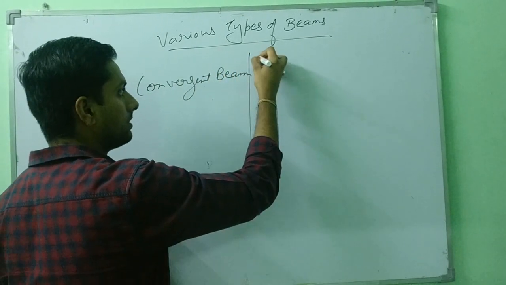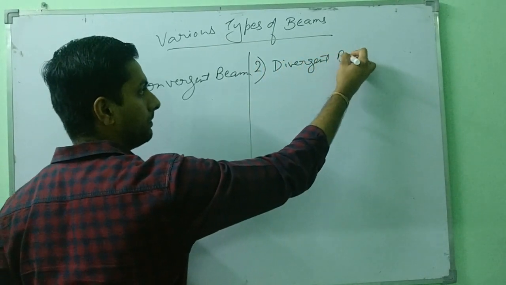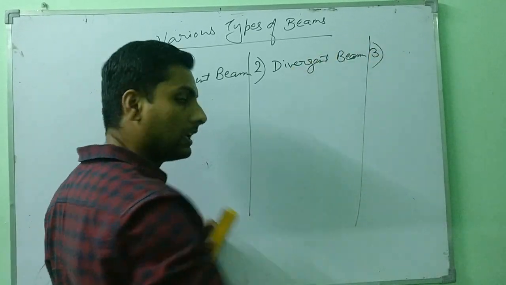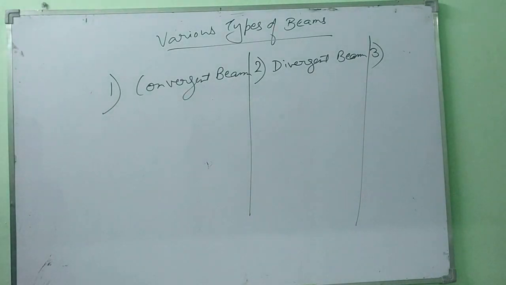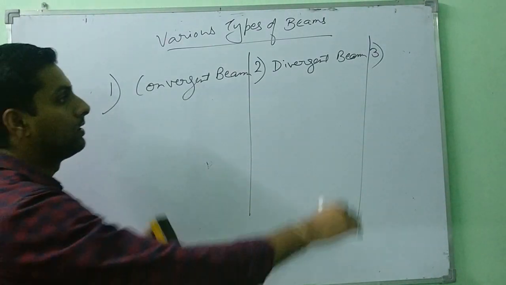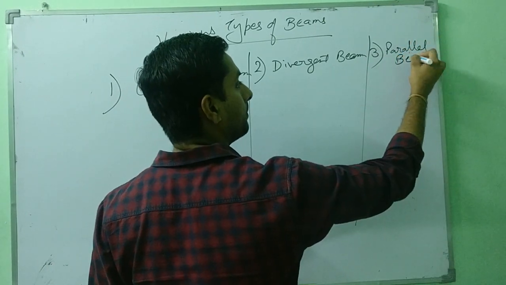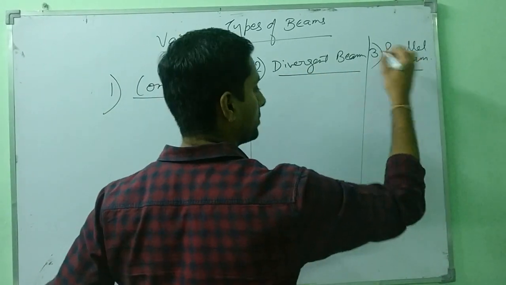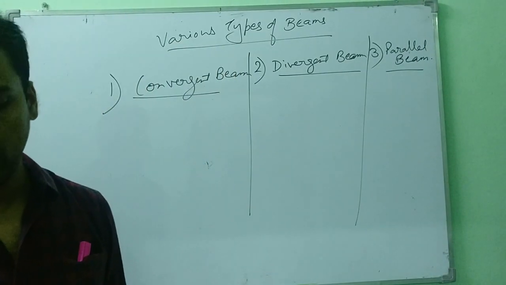Another one is the divergent beam. And the third one is the parallel beam. So what is the basic difference between convergent, divergent and parallel? That we will study here.